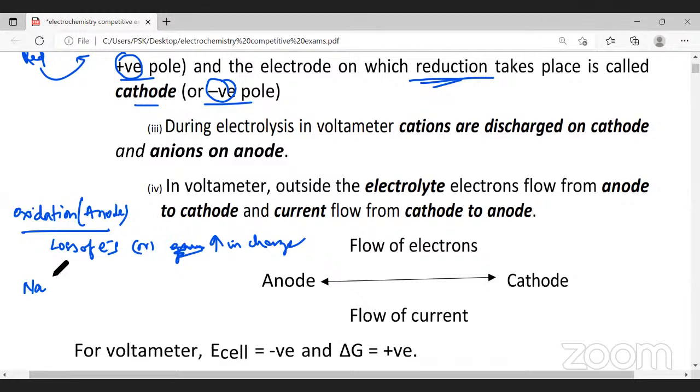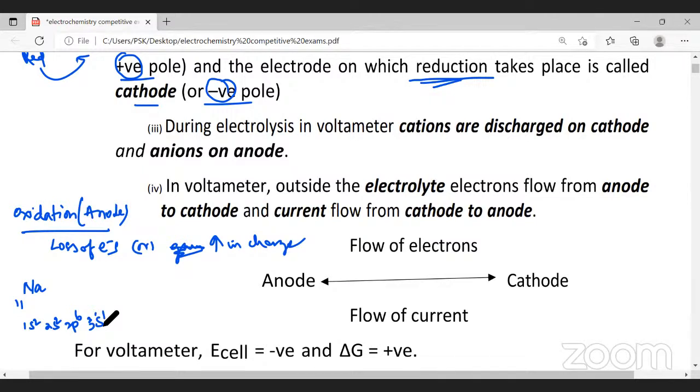Now, when we say the atomic number of sodium is 11, the electronic configuration is 1s2, 2s2, 2p6 and 3s1. This is the electronic configuration of sodium.